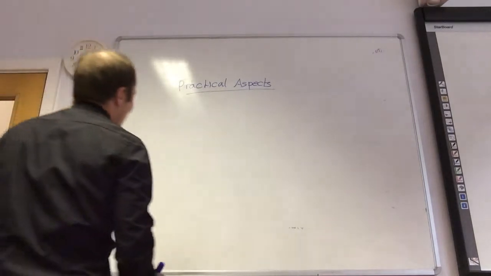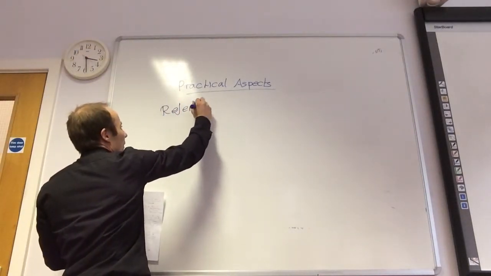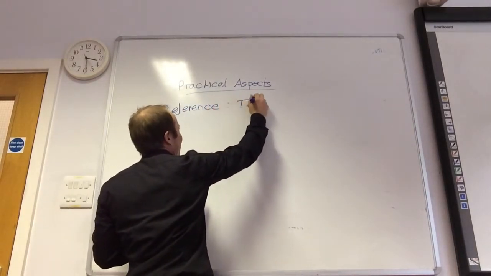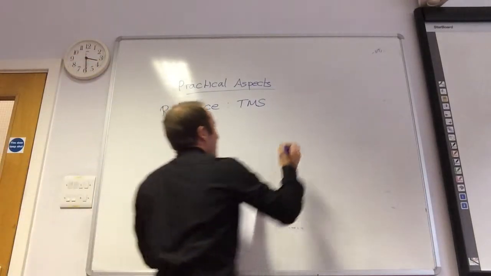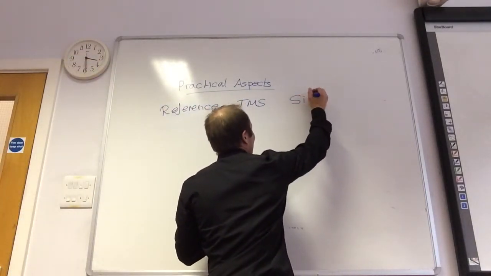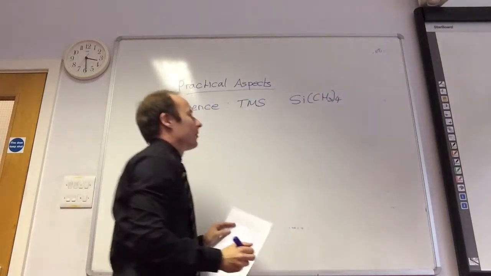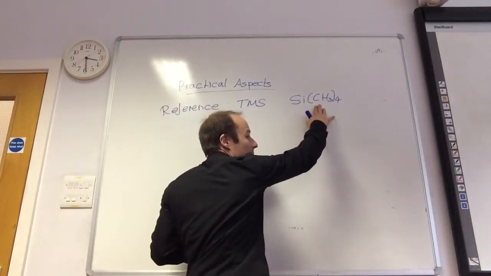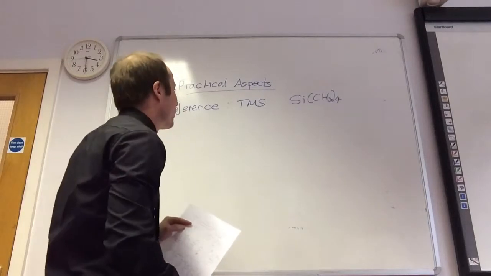So the first practical aspect is we always need a reference, and the reference that we use for both carbon and hydrogen NMR is tetramethylsilane. It's a silicon with 4 methyl groups around it. The reason we use it is because it has a lot of carbons, which is good for carbon NMR, and a heck of a lot of hydrogens, which is good for hydrogen NMR.